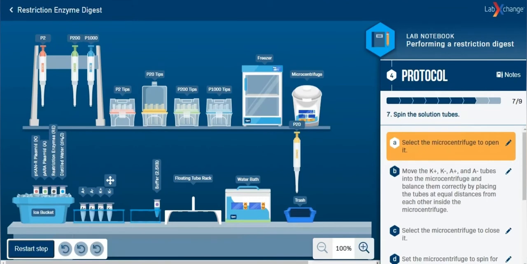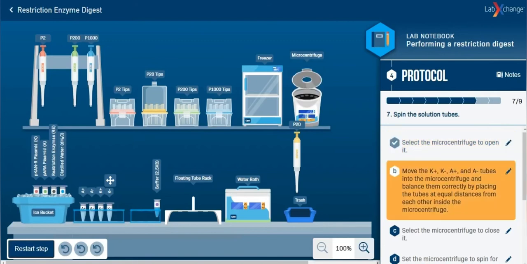Next step is spin the solution tubes. Select the microcentrifuge to open it, and then move the K plus, K minus, A plus, and A minus tubes to the microcentrifuge and balance them correctly by placing the tubes at equal distance from each other inside the microcentrifuge.